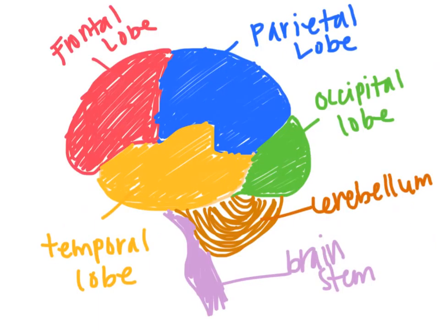So our human brain consists of different regions that have their exclusive functions. Our occipital lobe is responsible for our vision. Our temporal lobe is responsible for our hearing. Our frontal lobe is responsible for reasoning, planning, parts of speech, movement, emotions, and problem solving.